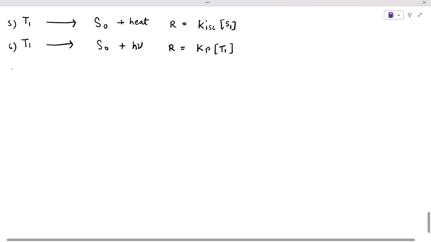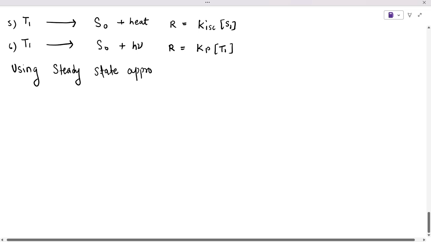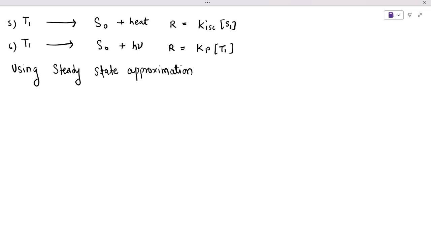We will apply the steady state approximation. We are not solving it in detail; if you want, you can solve it. I will just write the direct formula. What is the steady state approximation?